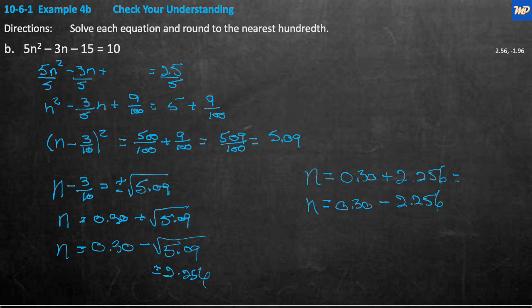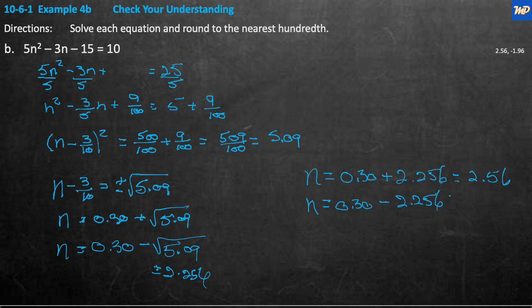2.256 plus 0.3 is going to be 2.556, which I'm just going to round to 2.56, because the 5 here rounds to a 6.